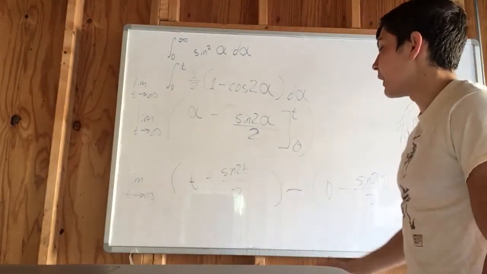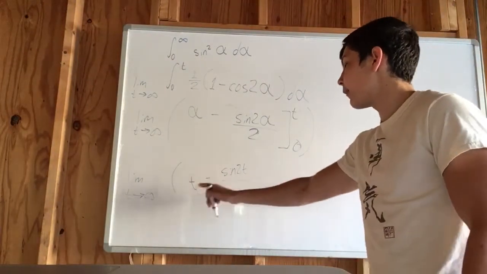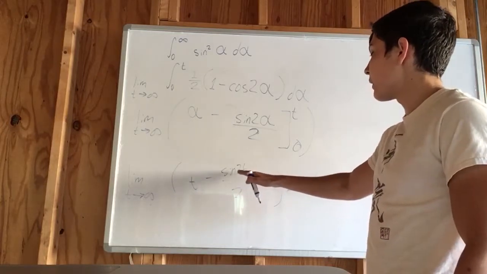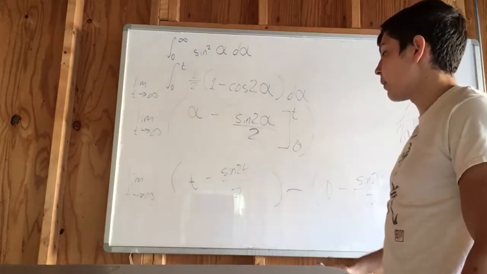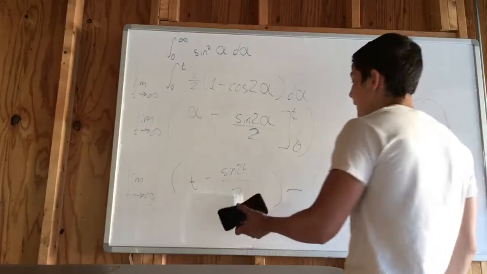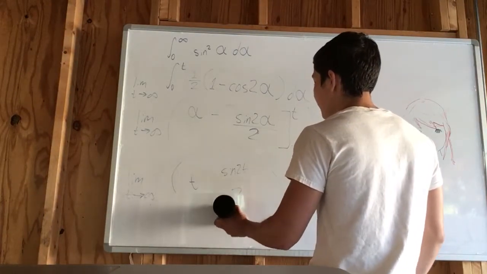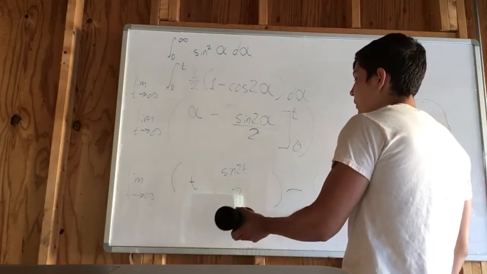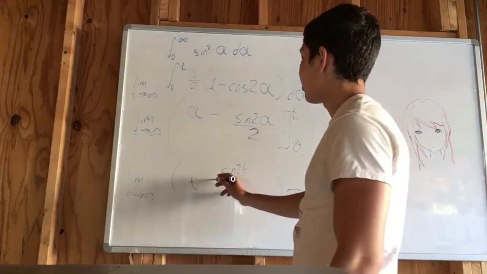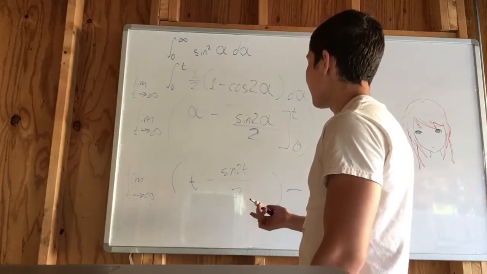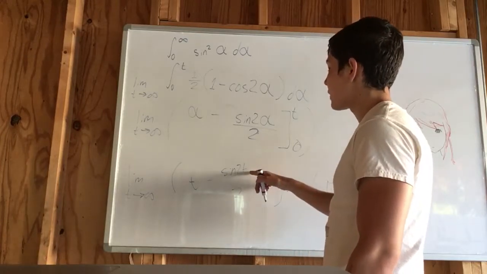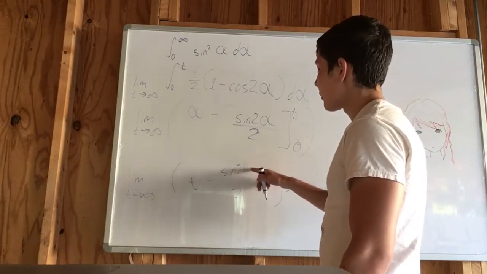Here we just get infinity, because we have infinity minus whatever this goes to, which is just infinity. It doesn't even really matter if you're subtracting. Well, sometimes it matters, but in this case it doesn't, because what happens if you just keep changing numbers here?